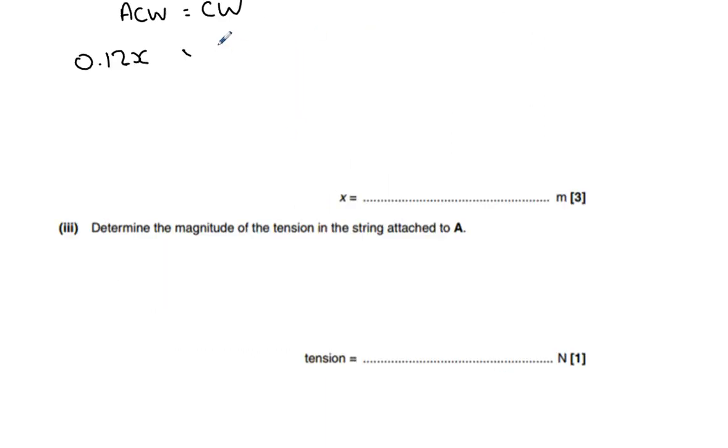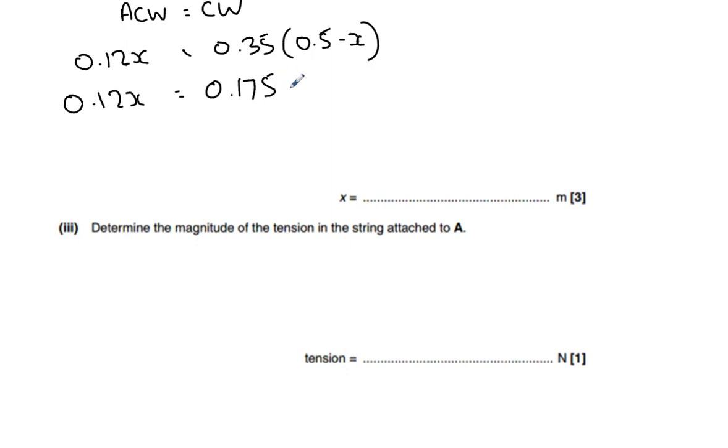So we can therefore say that 0.35 times this perpendicular distance, which is 0.5 minus x. Okay, then all we have to do is multiply out the right side to start off with. So 0.35 times 0.5 is going to be 0.175, and then we've got 0.35 times minus x, which is just going to be minus 0.35x.